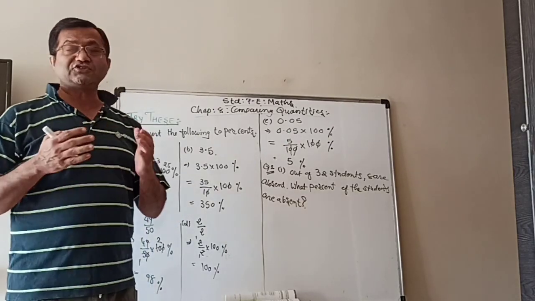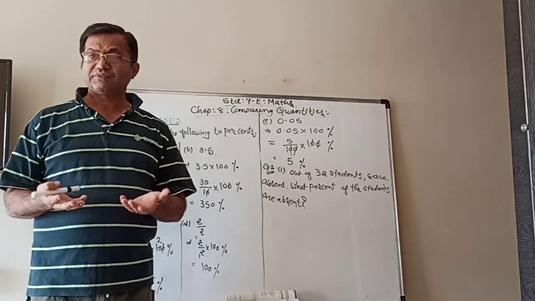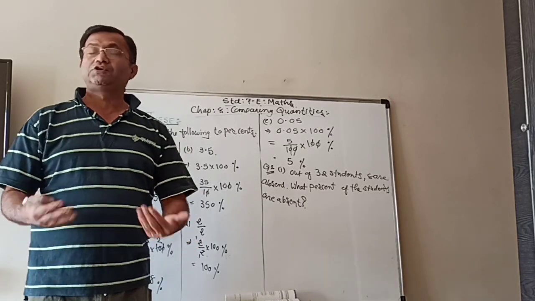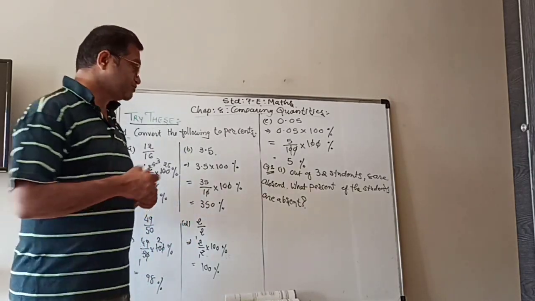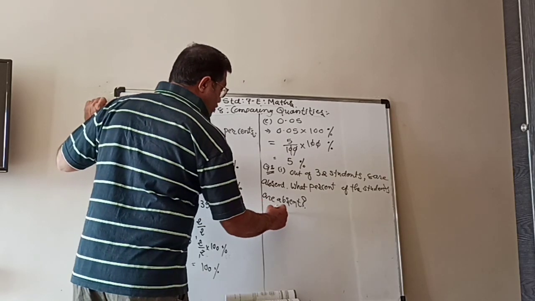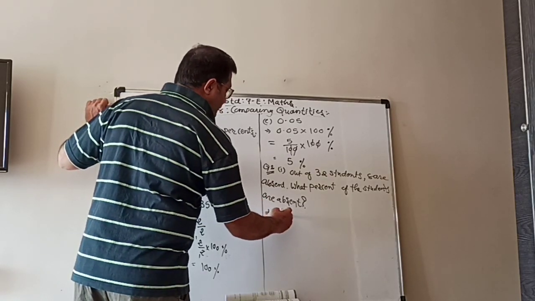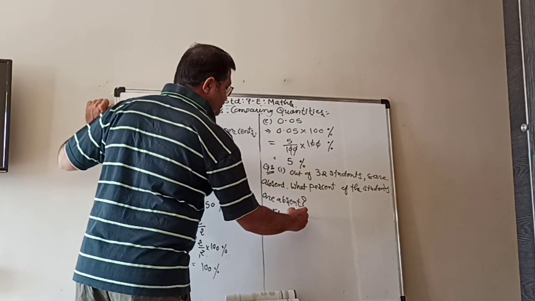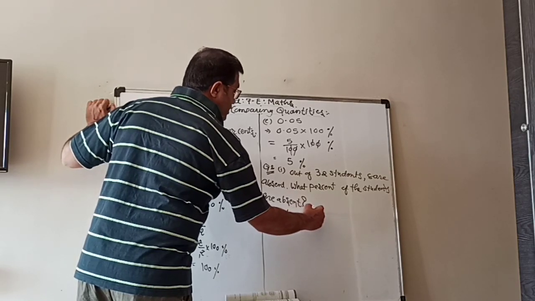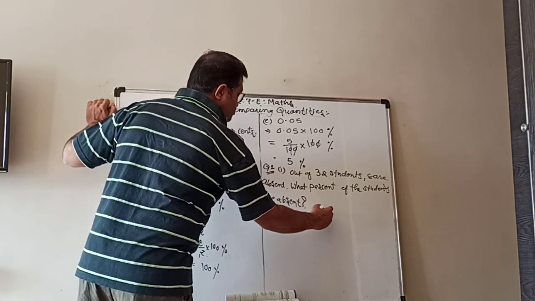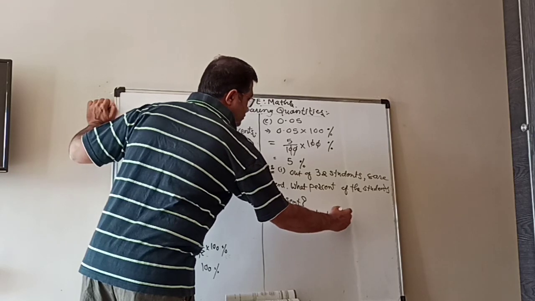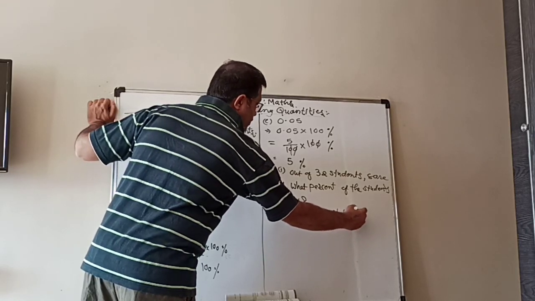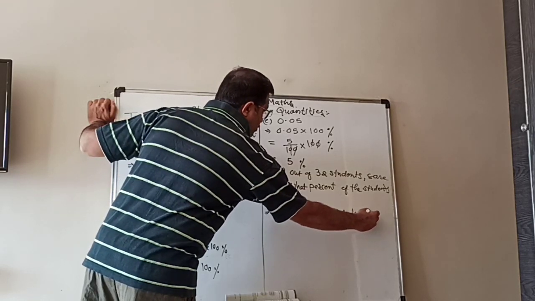So first we will find the fraction of it, and then from fraction to percentage. So the fraction of absent students is equal to 8 out of 32.